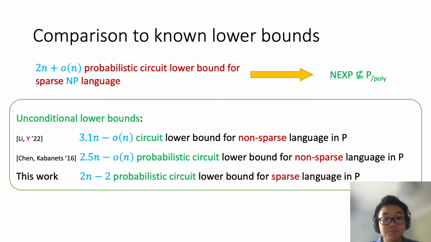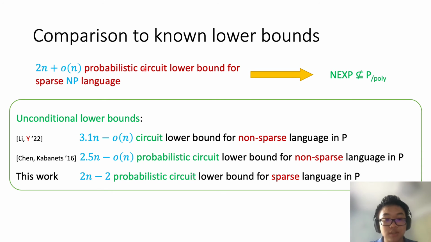We look at the premise of this implication, and compare it to known unconditional lower bounds against general circuits. It is proved by Li and me that there's some language in P that requires 3.1n minus little o(n) circuit size to compute. And we know a 2n minus little o(n) probabilistic circuit lower bound from the average case lower bound by Chen and Tell.